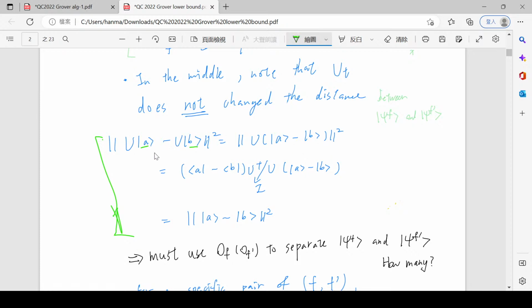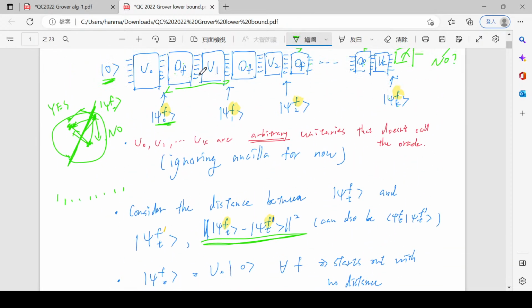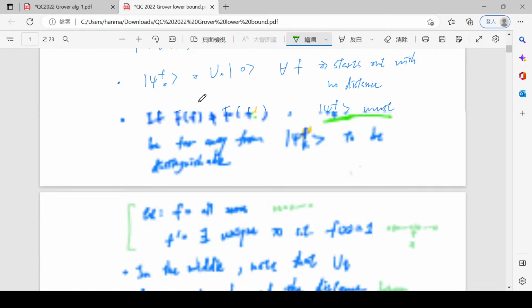You see what's the distance of UA minus UB, and you expand things out, then you find that you have U dagger U equal to identity. So we're just saying unitaries preserve the distance of a state, or the norm-square of a state. And really this is saying it's the distance of A minus B. So all those unitaries don't increase this distance.